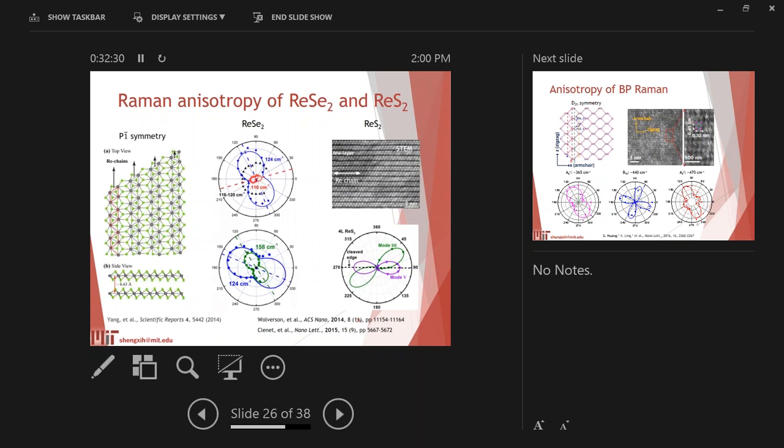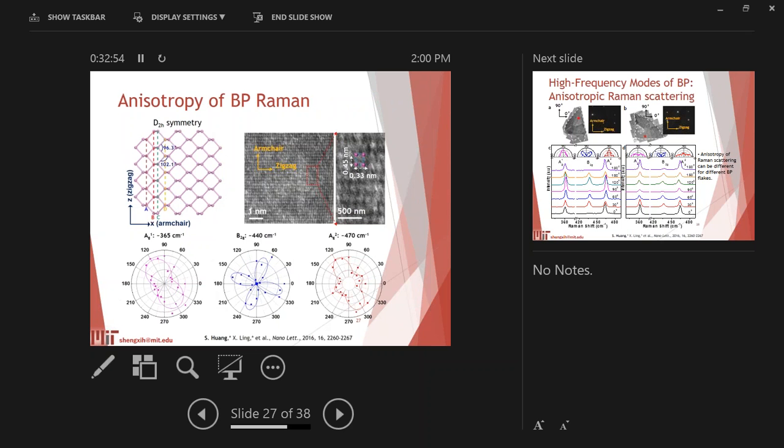So here I show an example of rhenium diselenide and rhenium disulfide. You can see that these materials also have very low symmetry. It only has one inversion symmetry, and we can see this polarized Raman has anisotropy along different polarization angles. And here is our work on BP Raman.